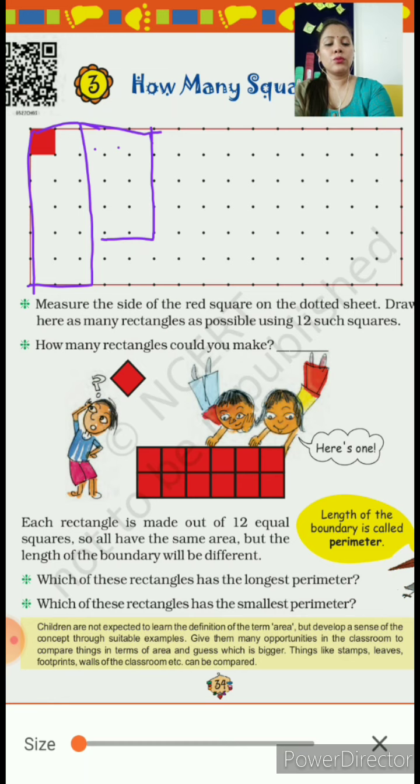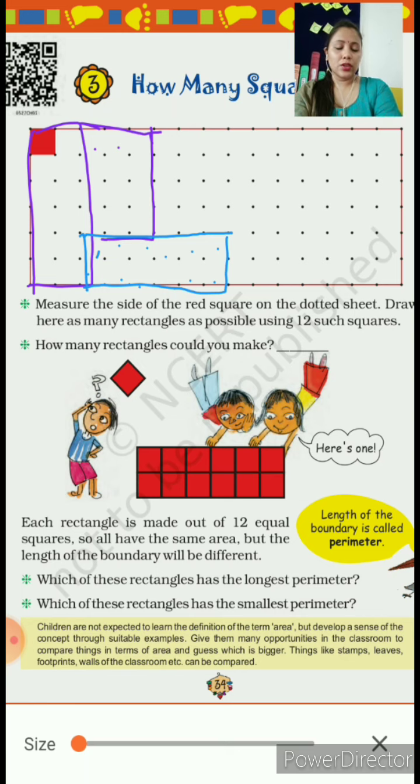Here 2 boxes are left, so I am drawing the third rectangle by using these boxes. So 1, 2, 3, 4, 5, 6, 7, 8, 9, 10, 11, 12. It's your third rectangle. Okay, you can draw it by using a scale also. Now it is 1, 2, 3, 4.